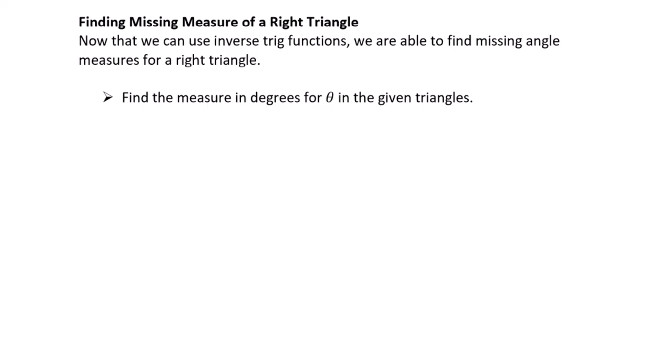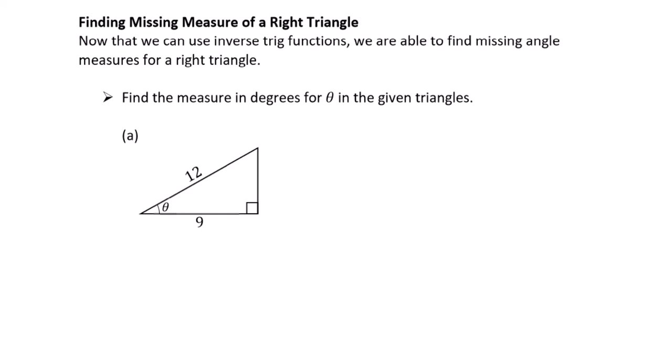Finding the missing measure of a right triangle. Now that we can use inverse trig functions, we are able to find missing angle measures for a right triangle. Let's find the measure in degrees for theta in the given triangles. Here I have an angle theta, and I need to know what that measure is.